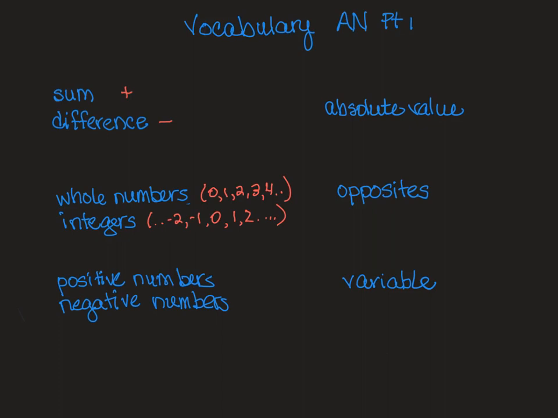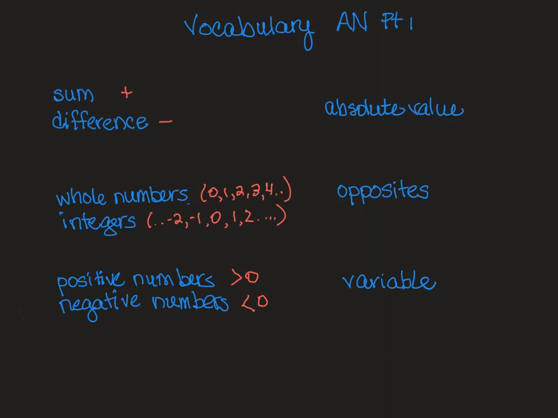Okay, so the next two are positive numbers and negative numbers. Just to be clear, positive numbers are greater than 0, even if it's something like plus 0.000004. That's a positive number. It's greater than 0. Negative numbers are less than 0, so it could be negative 0.000001.